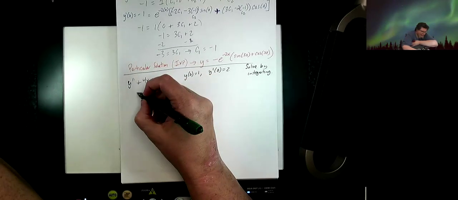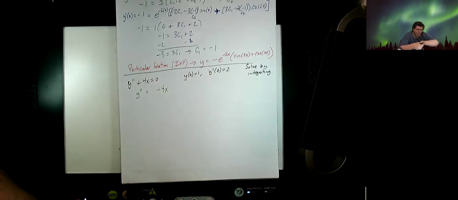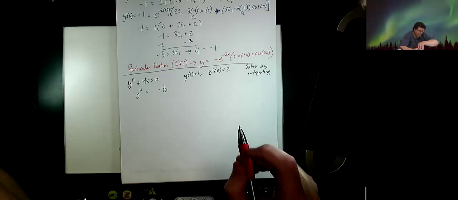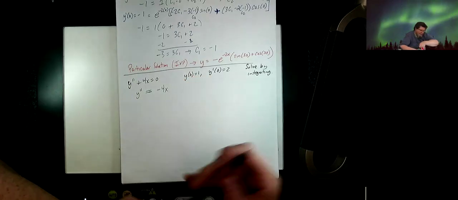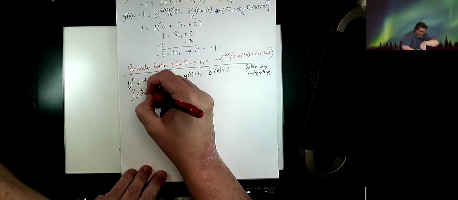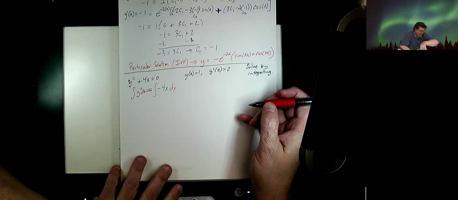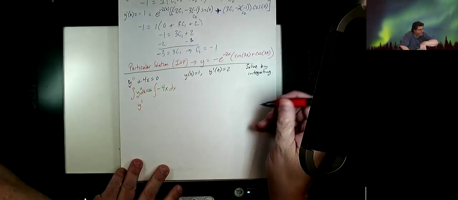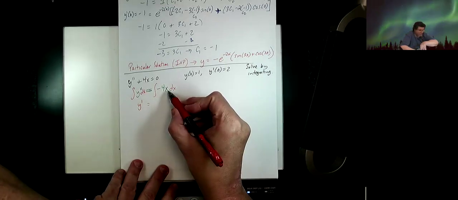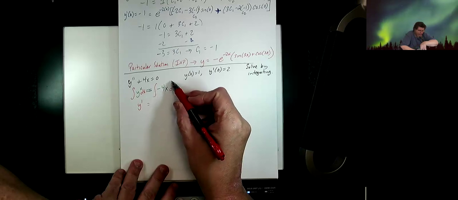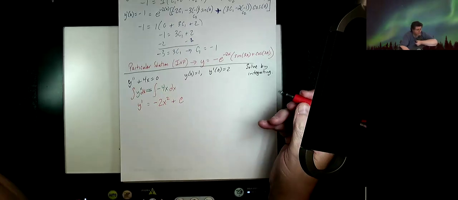So to start off, I will subtract the 4x over to the other side. And then we're going to integrate with respect to x on both sides. This goes up to y prime. The integral of this is up a power divided by a power, negative 2x squared plus a constant.